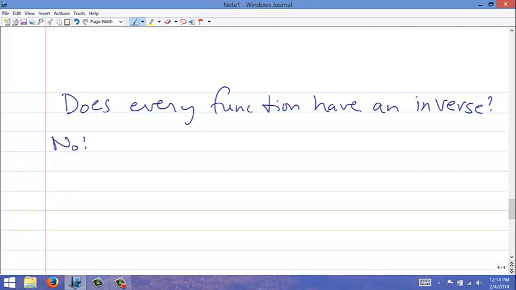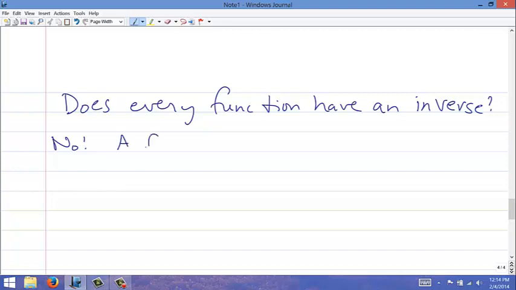And so what allows us to have an inverse is, so think about the way these inverses work. So remember, the idea is that what we're doing is we're letting the output values now become the input values. And remember, what makes a function work is that each x value is associated with just one and only one y value.